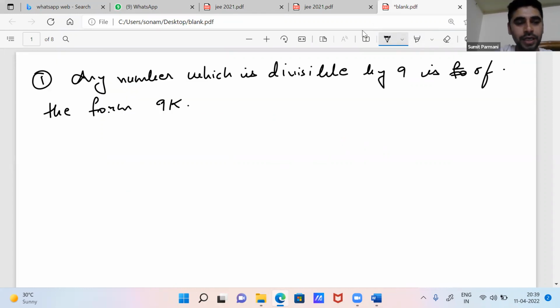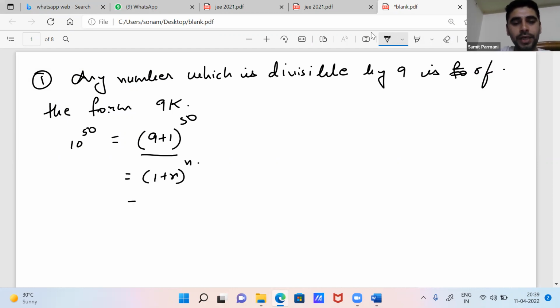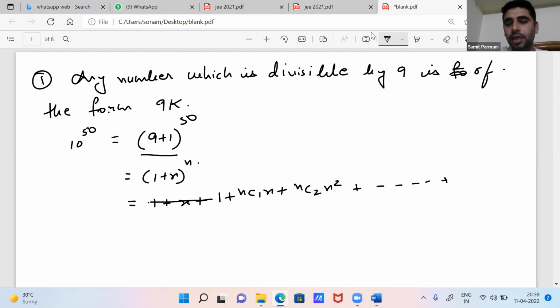See, for 10 raised to the power 50, it is 50, I guess. Yes, it is 50. We can write it as (1 plus 9) raised to the power 50. Now, from the binomial expansion, (1 plus x) raised to the power n equals 1 plus nC1 x plus nC2 x square till nCn x raised to the power n.